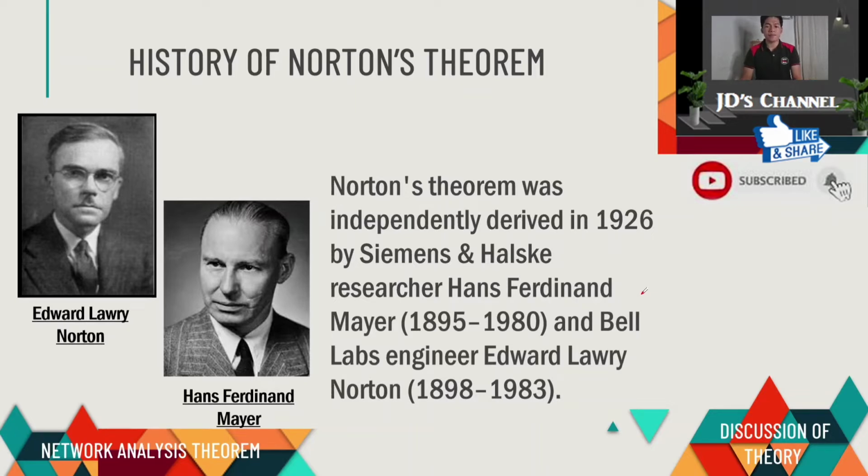And then, siya ngayon nagkaroon ng first or unang pag-aaral dito sa theorem na to. And then, nagkaroon na din ng interest at inaral din at pinag-aralan ito ni Edward Lawry Norton. At that time is a Bell Lab engineer.